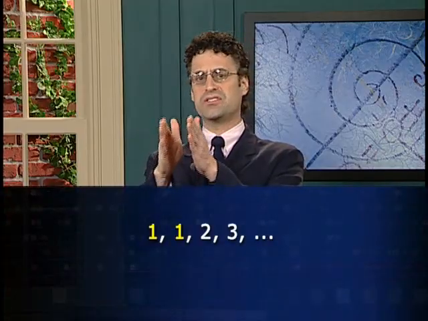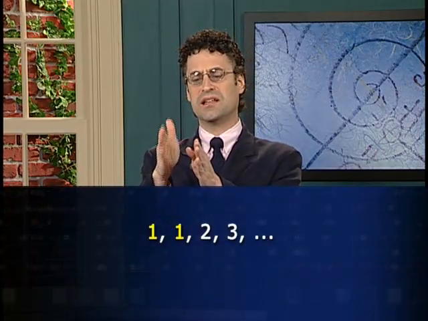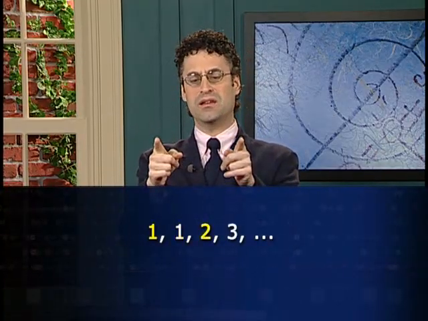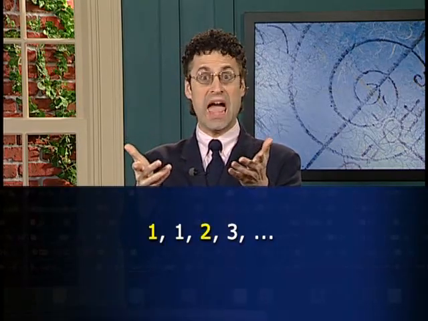Well, we know that if we sum 2 consecutive Fibonacci numbers, we get the next one on the list. What if we sum pairs of Fibonacci numbers that are 2 apart from each other? That is to say, instead of adding these 2 to get the next one, let's add this one and this one, skipping this one, and just see what we get.